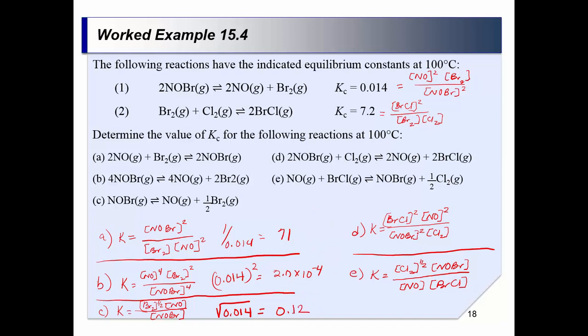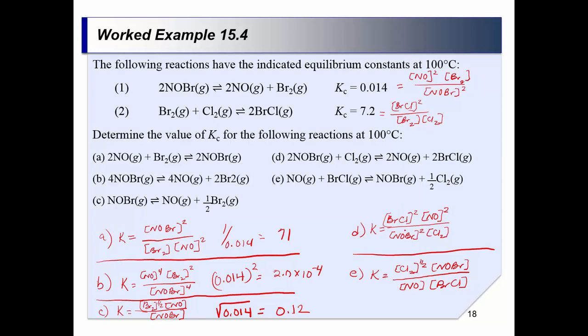Now for D, this is actually the addition of these two equations. I'm adding these two together. And the equilibrium expression then is a product of two individual expressions. I've multiplied these two together. The bromines actually cancel out, which is why you don't have 3 variables in the numerator as well as the denominator, because the bromines actually cancel out.